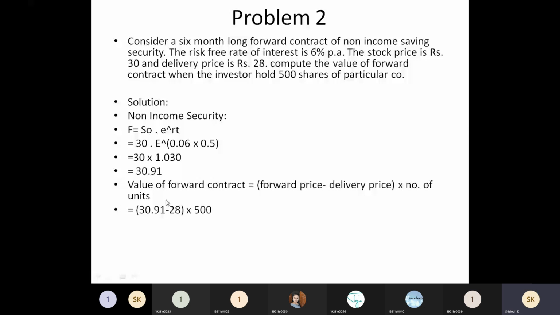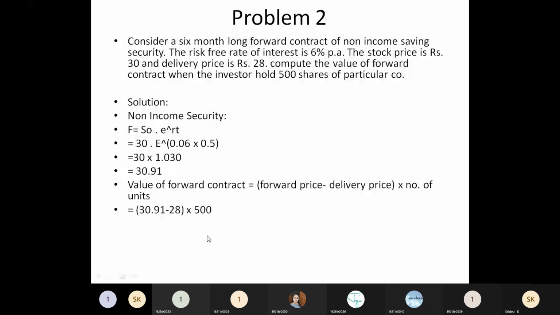So we got 30.91 as the forward price, and what is the delivery price here? It is given in the problem. The delivery price is rupees 28, right? So you deduct that 28 rupees here and multiply it with the number of shares. How many are there in the problem? 500 is given. So multiply with those 500 shares. So what is the result?